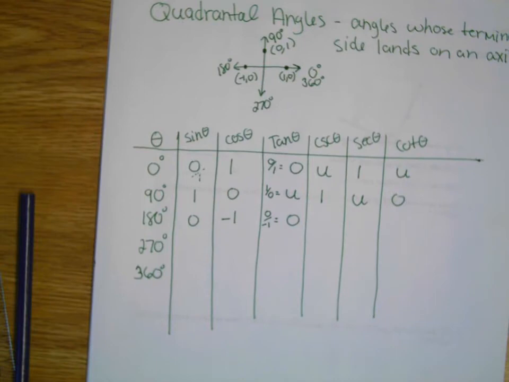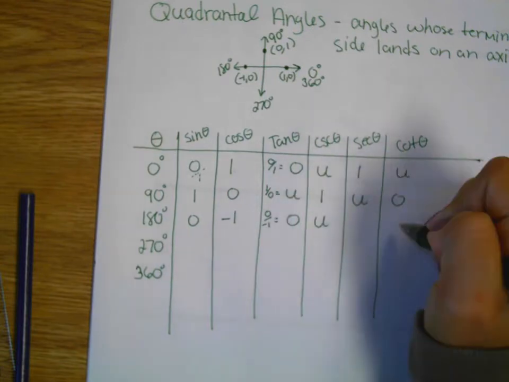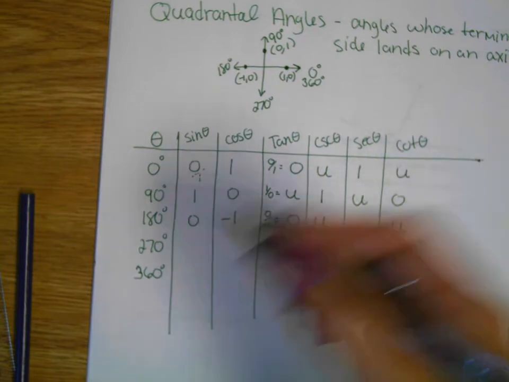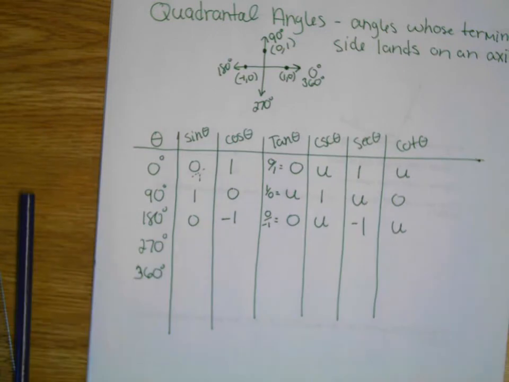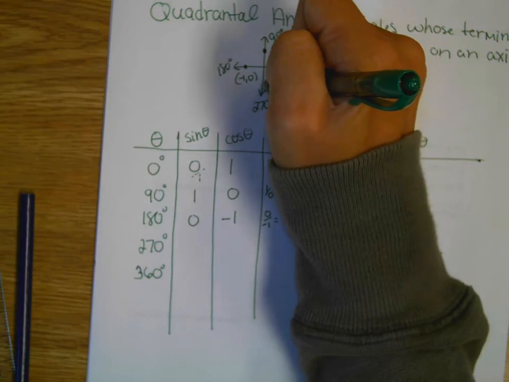And then flip those over. We're going to have 2 undefined. What's negative 1 flipped over going to be? Still negative 1.